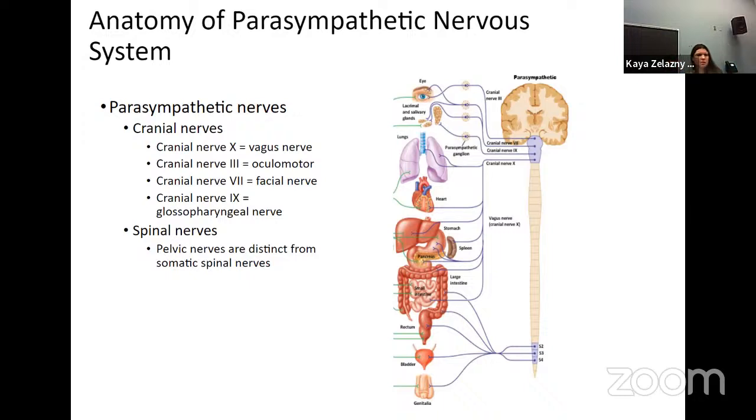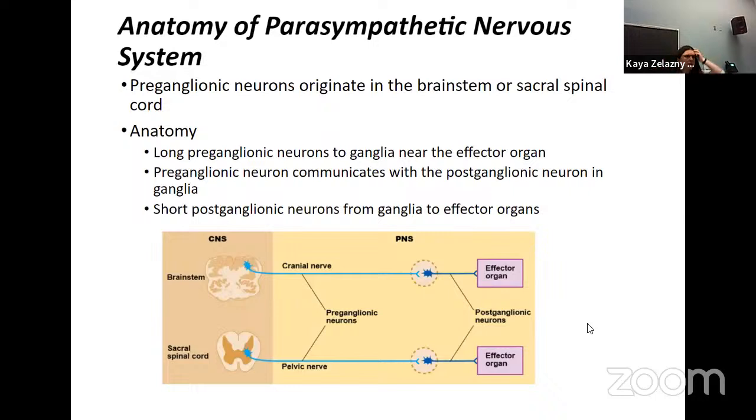So they're special for that reason. And then the pelvic nerves, these sacral nerves, are also part of our parasympathetic system. So we have preganglionic neurons in the brainstem or the sacral spinal cord, a long preganglionic neuron, and then a relatively short connection out to the effector organ.